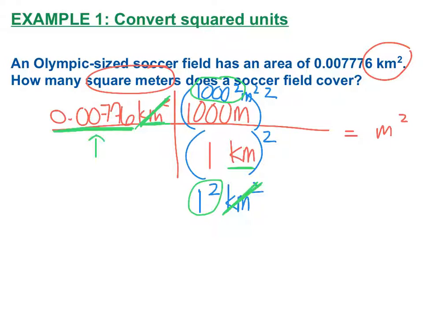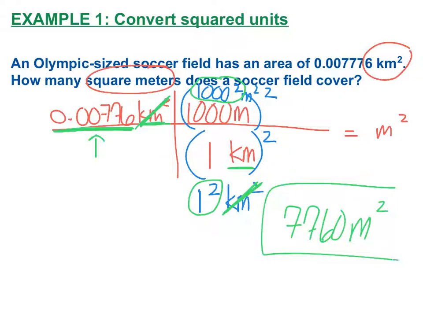We know 1 squared is just 1, but for practice sake, we'll use the squared button and hit enter. To repeat how we put it in the calculator: 0.00776 times 1,000, and the 1,000 is squared, not the first number, just the 1,000. Hit enter, then divide by the bottom, which is 1 squared. We get 7,760 meters squared as our answer.